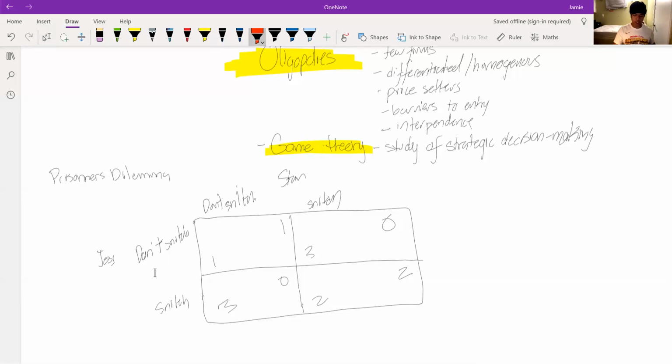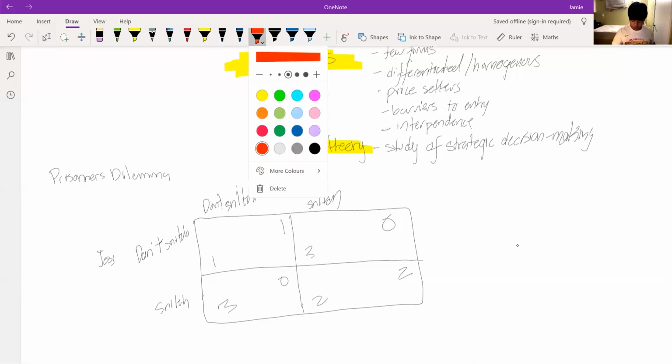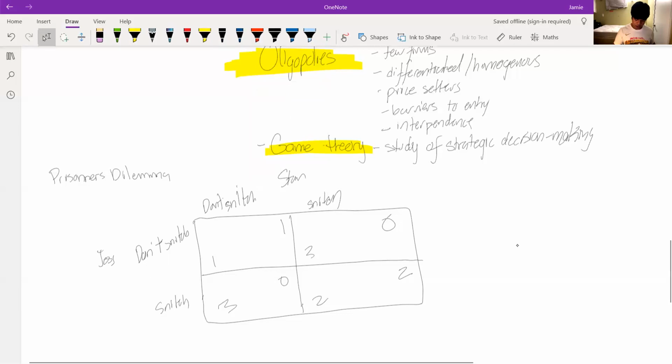So let's say Stan doesn't snitch, but Jess snitches. Says here Jess will get 3 years in jail.